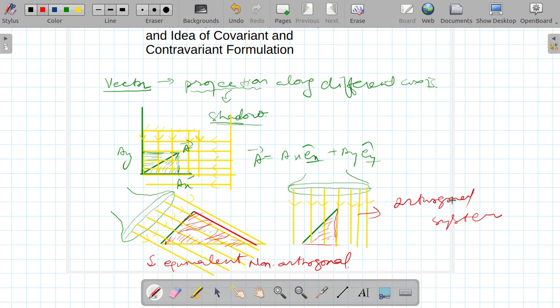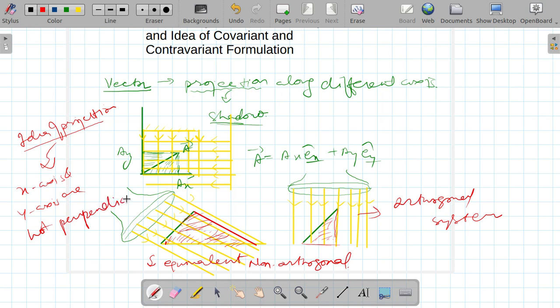And now we will use this idea of projection to develop a new mathematics where the x-axis and y-axis are not perpendicular. That's the purpose.